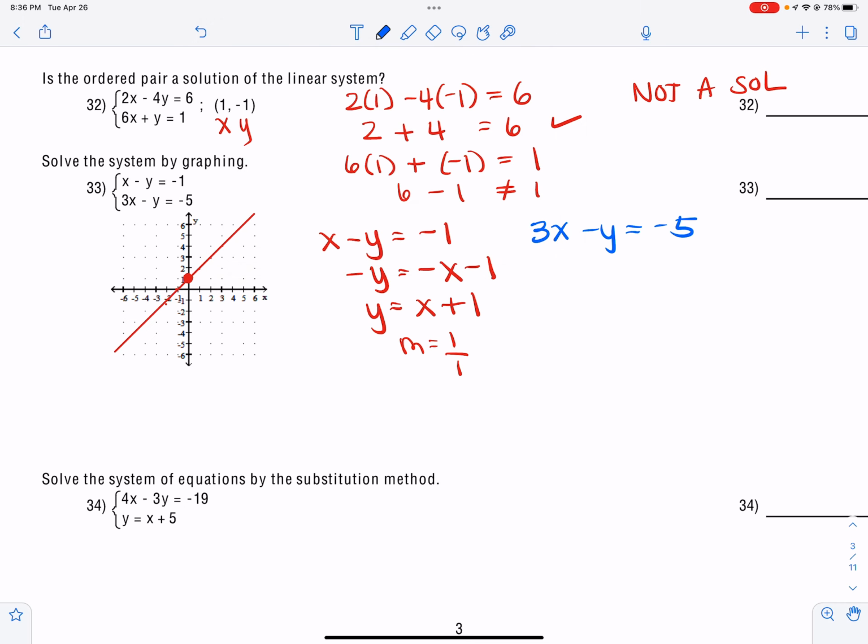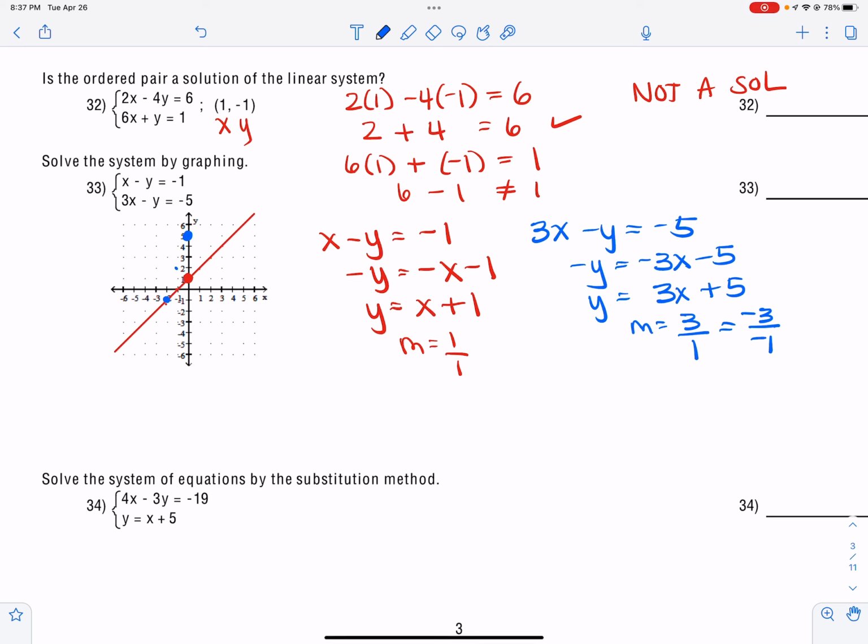Then I'm going to solve for y by subtracting 3x, and then I'm going to divide everything by negative 1 so that my starting point is at positive 5, and then I'm going to go up 3. My slope is either up 3 and right 1 or down 3 and left 1. 1, 2, 3.